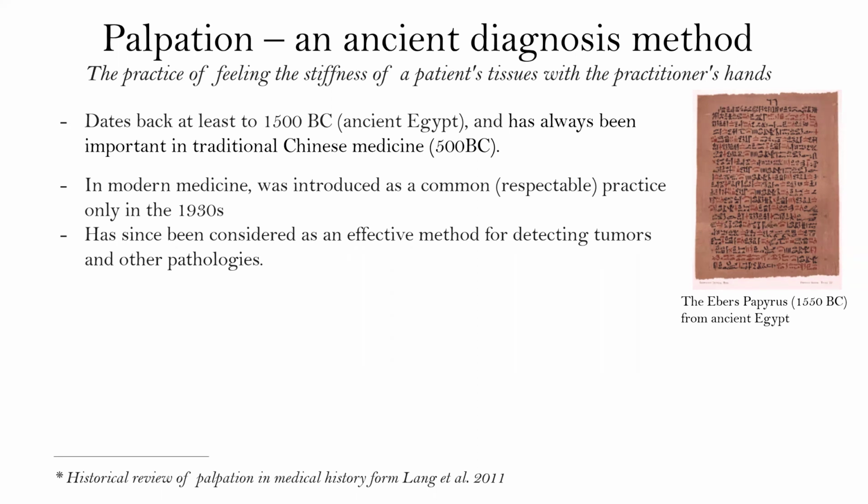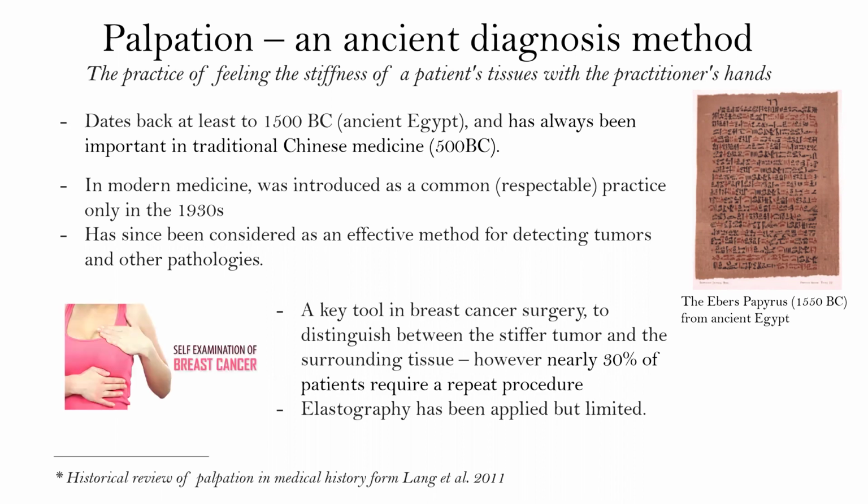But since then it has exploded, and even in any regular exam, doctors feel our tissue. It's considered a very effective method for early detection of tumors and other pathologies, and many of us are instructed to do this regularly to ourselves.